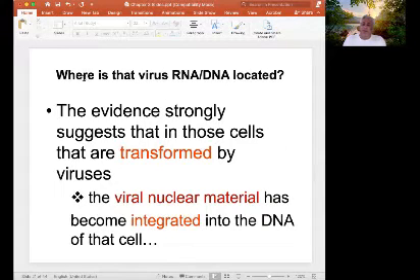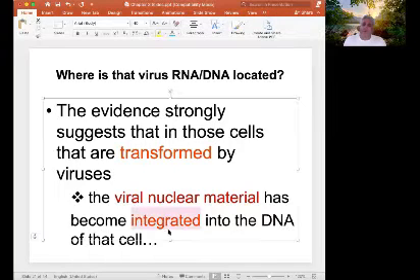So the question that we're asking now is, where is the virus DNA, RNA located, right? The evidence from all the research strongly suggests that in those cells that are transformed, the virus nuclear material integrates or gets inserted into the chromosome of the host cell, right?